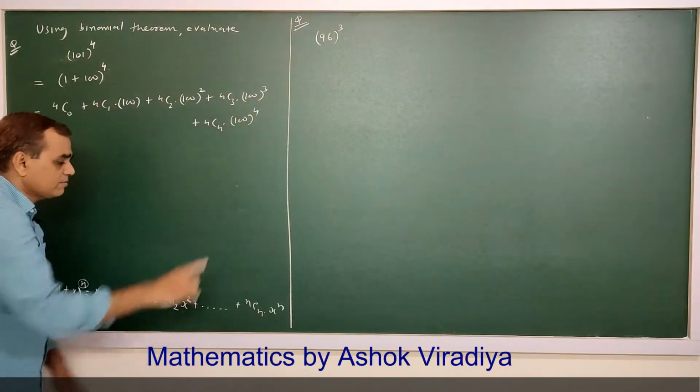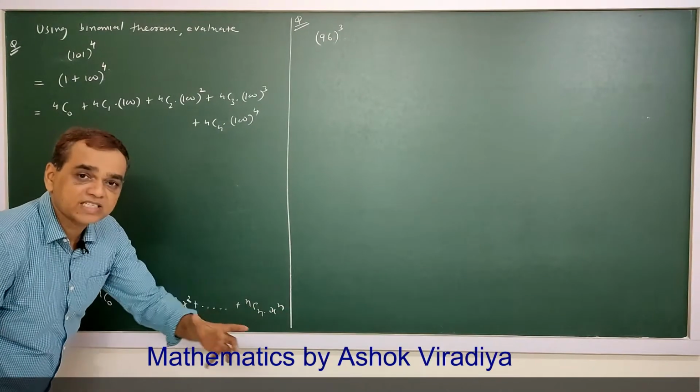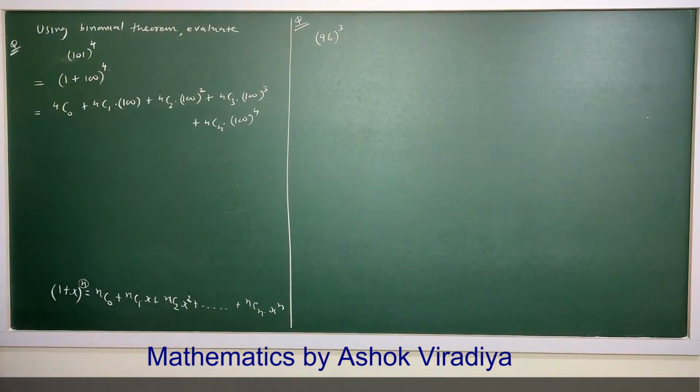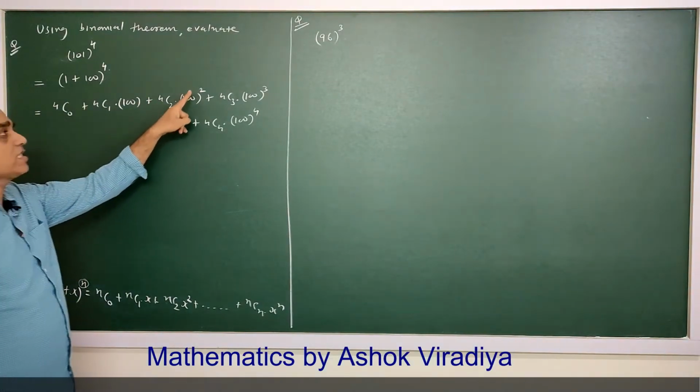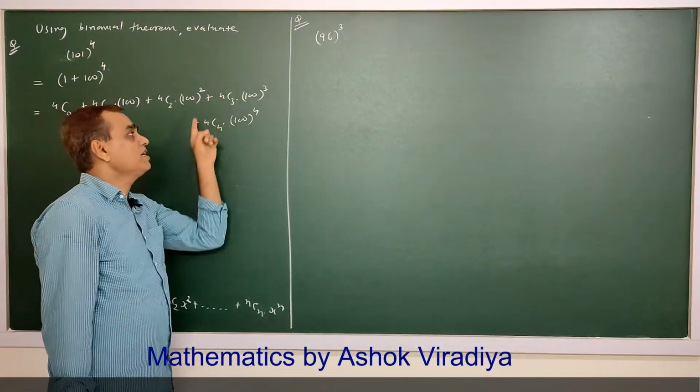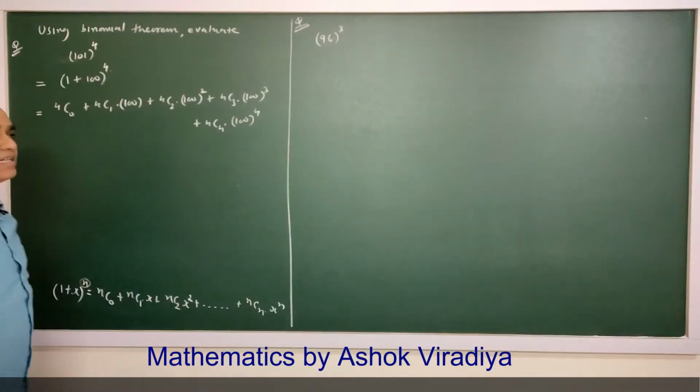This is the last term: nCn x raised to n is the last term. So nC0, nC1 x, plus nC2 x square, plus nC3 x cube, up to nCn x raised to n.